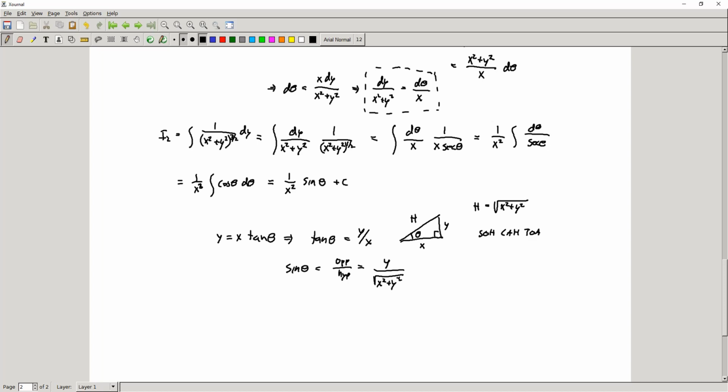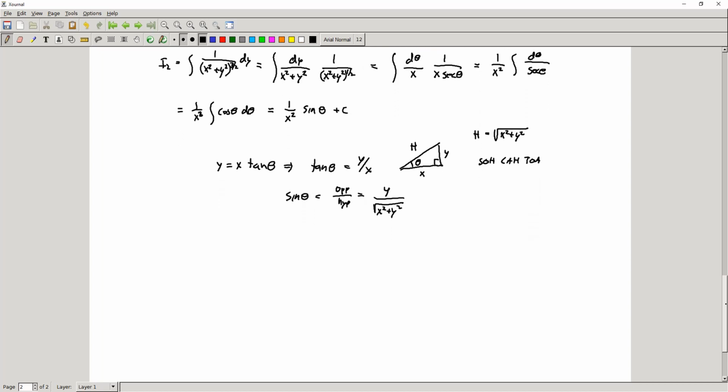And so why do we want this? Well, we want sine theta because we have sine theta in here, and we can rewrite it in terms of y and x, which are the variables that we're working with, right? So let's make that substitution. We're going to end up with I2, first written in this form, so I'm not going to rewrite it, but we can substitute in for sine theta, and we end up with 1 over x squared, y over the square root of x squared plus y squared, plus some constant, right?